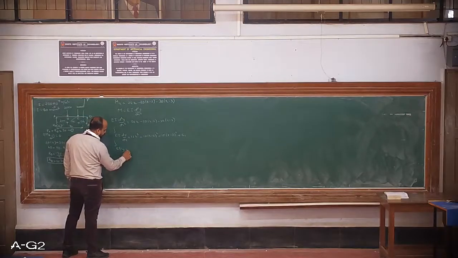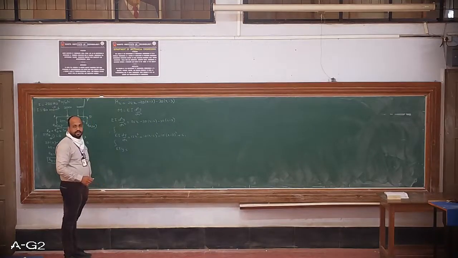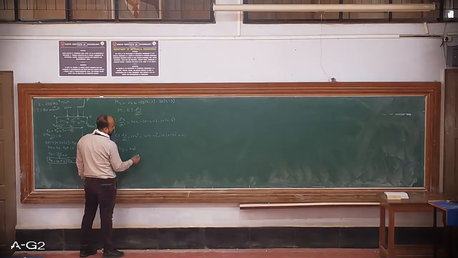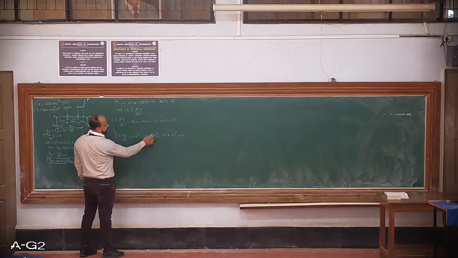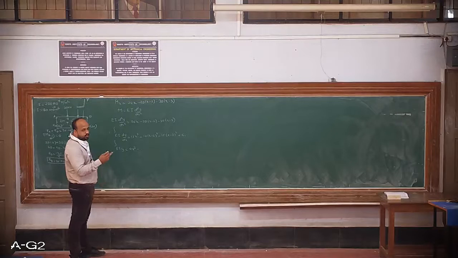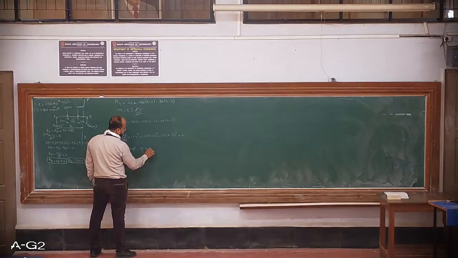Again, I will integrate. EI into y is equal to x square integration, which is x cube by 3. 12 divided by 3 is 4. So 4x cube minus, x minus 2 square integration is x minus 2 cube divided by 3, so minus 10 by 3 into x minus 2 cube.